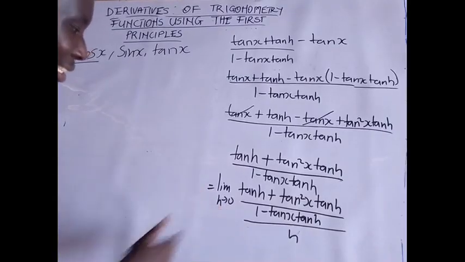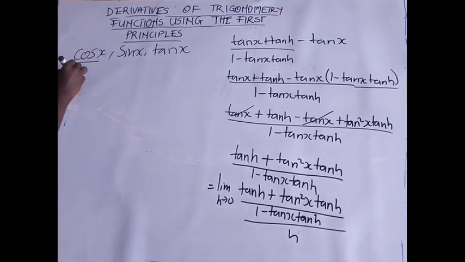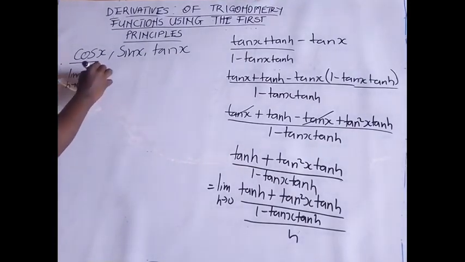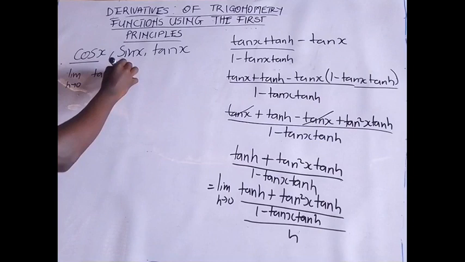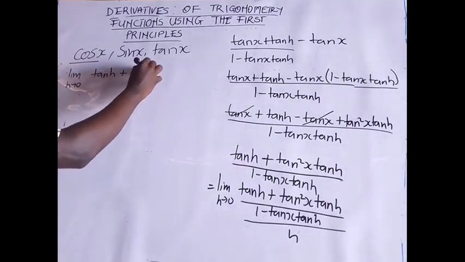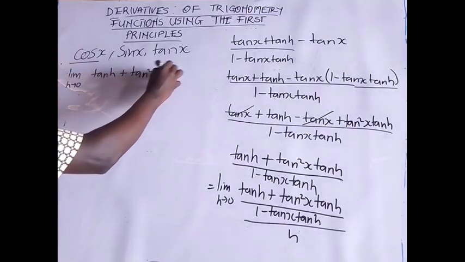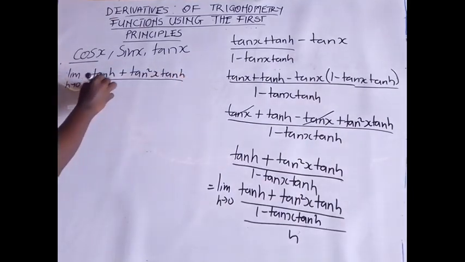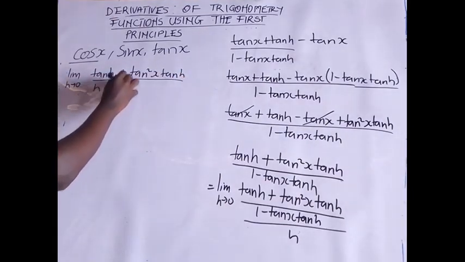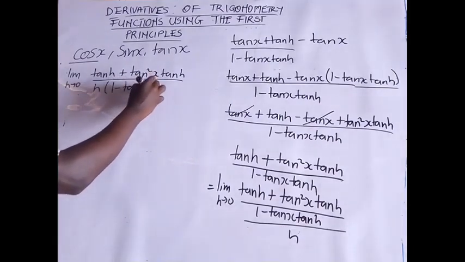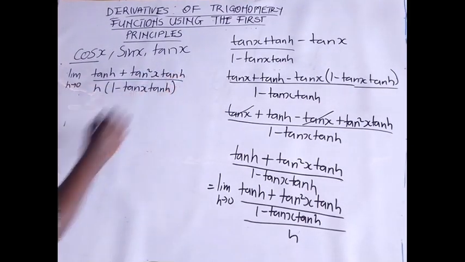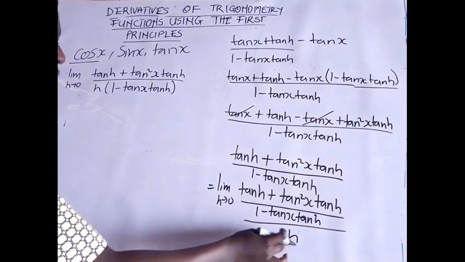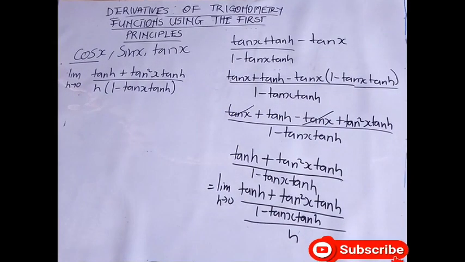So we can write this as the limit as h approaches 0 of tan h plus tan square x tan h, all over h into 1 minus tan x tan h, because I found the reciprocal of this and then I had this.